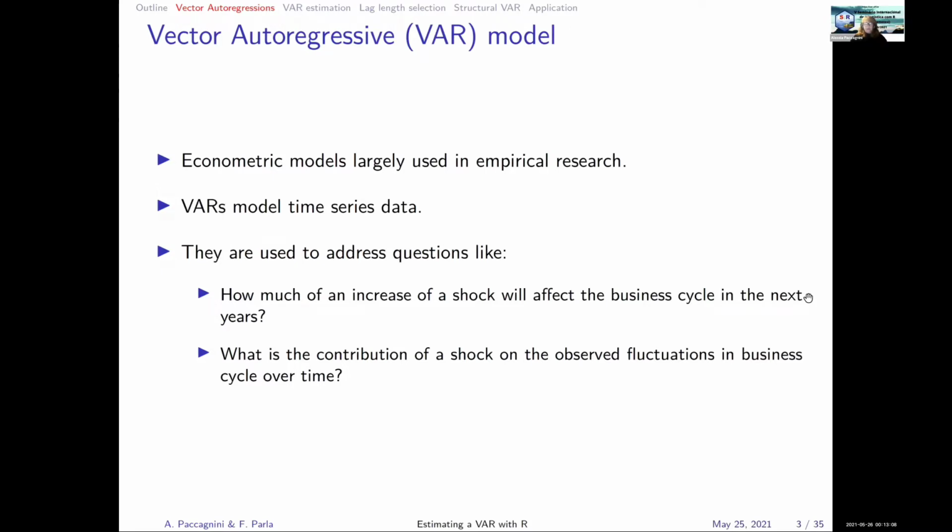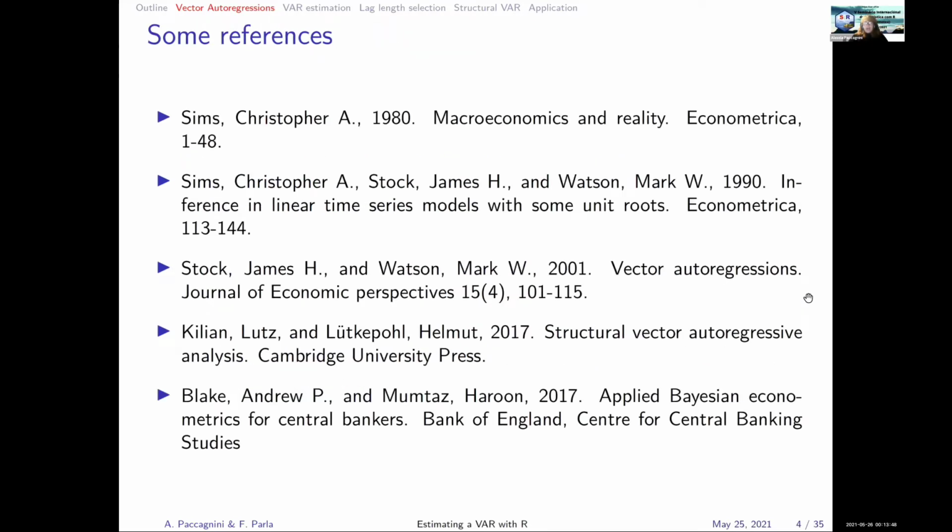If you go on Google Scholar and look for the seminal paper by Chris Sims, or introduce the keywords vector autoregressive, you can find that this kind of model has a lot of citations, and is one of the most popular empirical models useful to answer main questions, such as how much an increase of a shock will affect the business cycle in future periods, or what is the contribution of a shock to observed fluctuations in the business cycle over time. And here in this slide, you can find some key references.